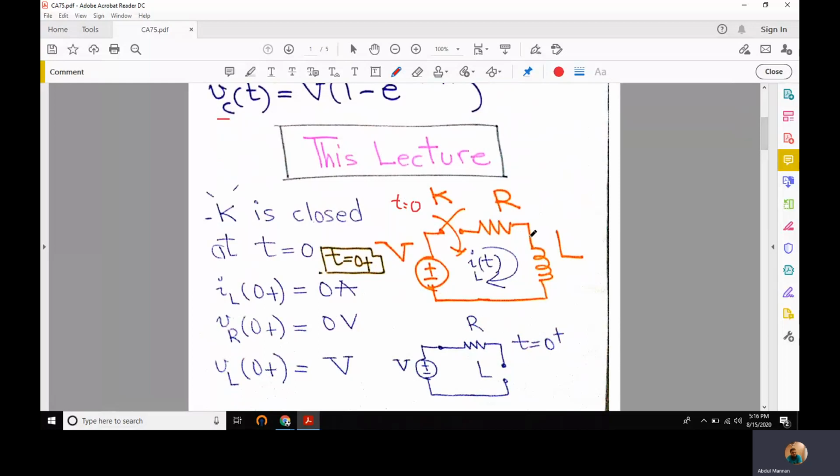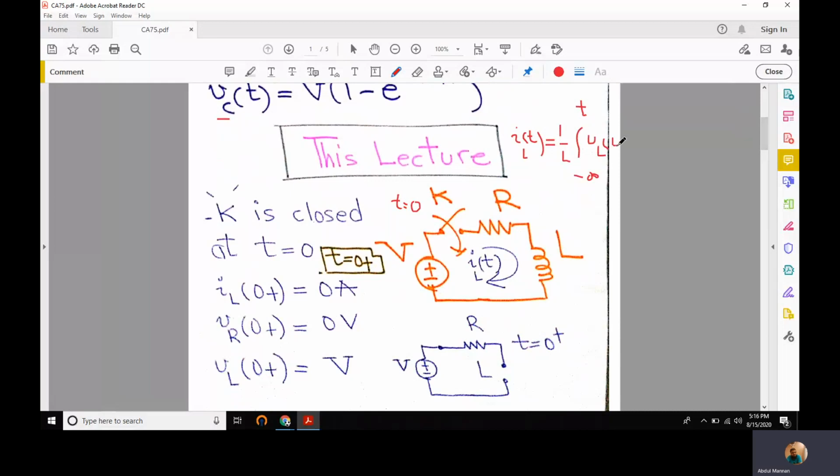We already know that this inductor becomes open circuit because the current through it cannot change all of a sudden. The expression for current we studied a couple of lectures before involves an integral term, from minus infinity to t of v sub L of t.